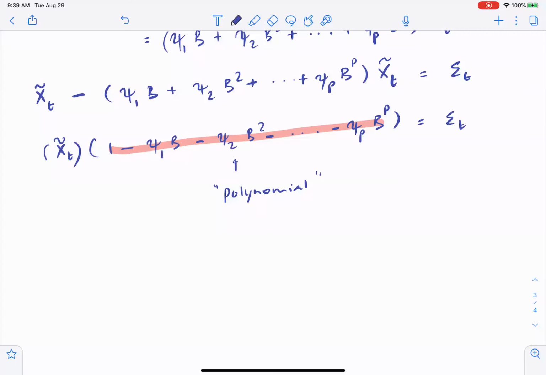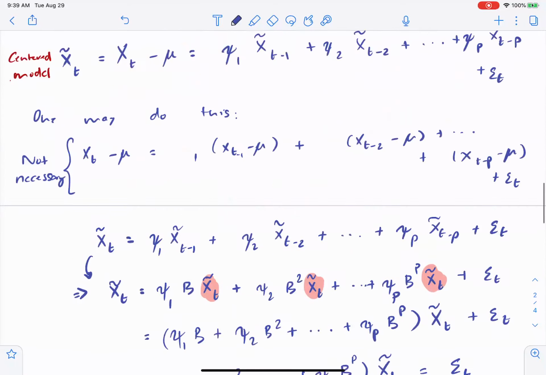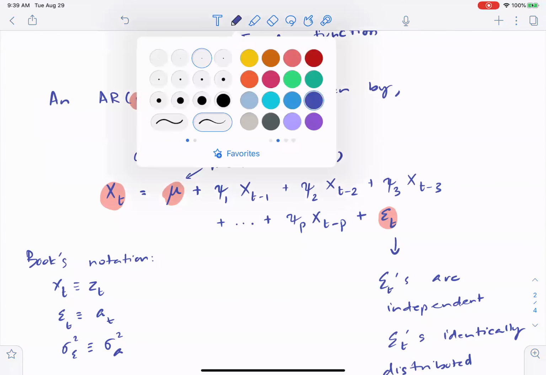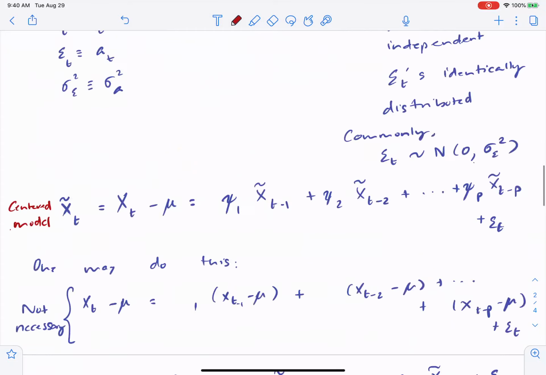So how is this linear? Well, the term linear filter comes from this step right here. Similar to linear regression, we call it linear because it is linear in terms of the predictors. So same logic.